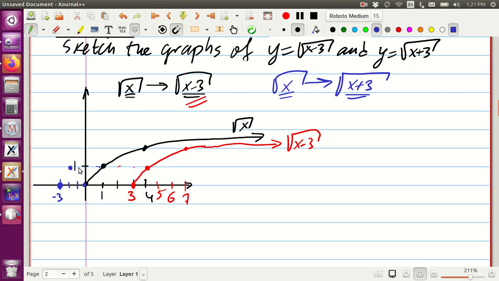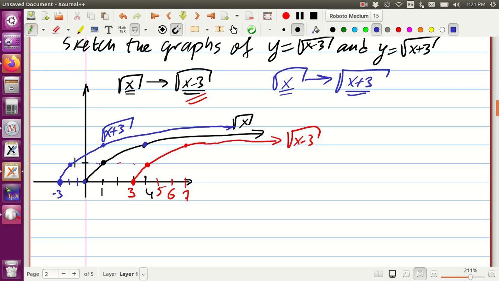Then this point travels over here, and this point travels 3 units to the left, so it will be over here. So we'll get something like this. So plus means move to the left, minus means move to the right. That was the horizontal shift.